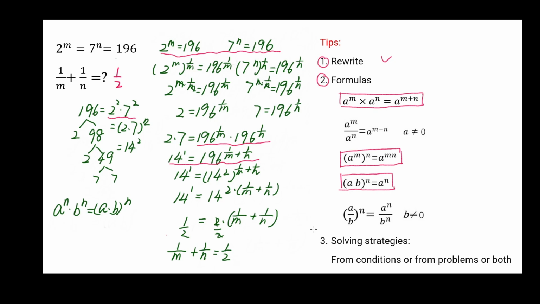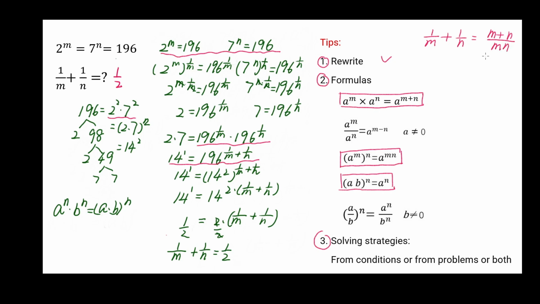And the third one is solving strategies. For this problem, we analyzed it from the conditions. And we can also start from the question. We can see 1 over m plus 1 over n, and it can be expressed as m plus n over mn.